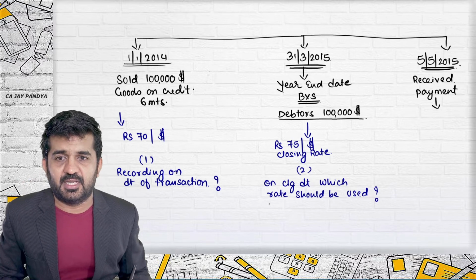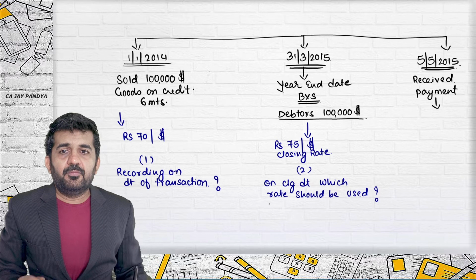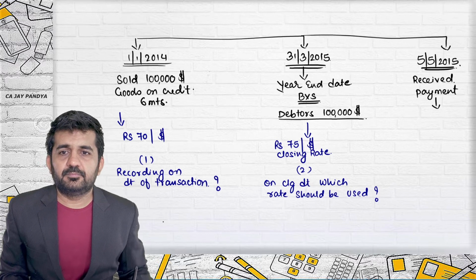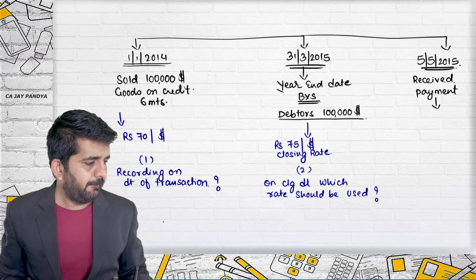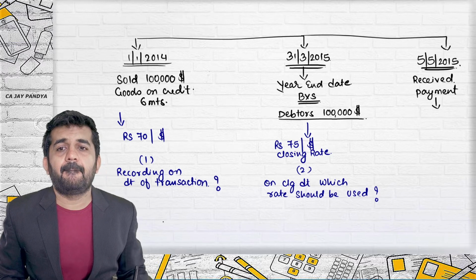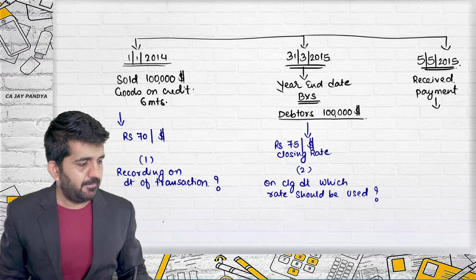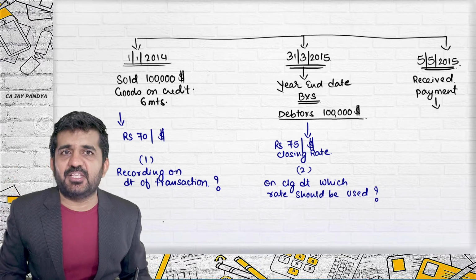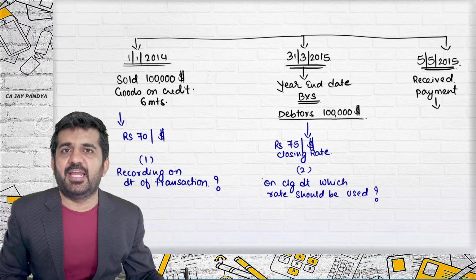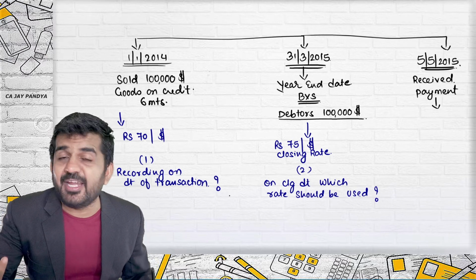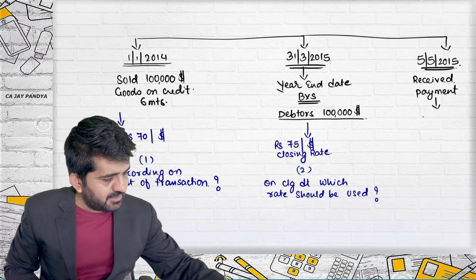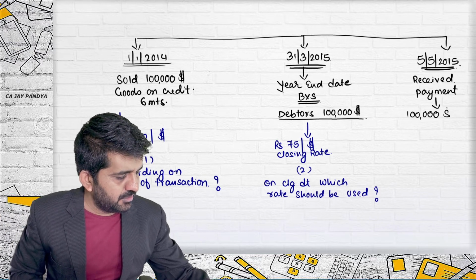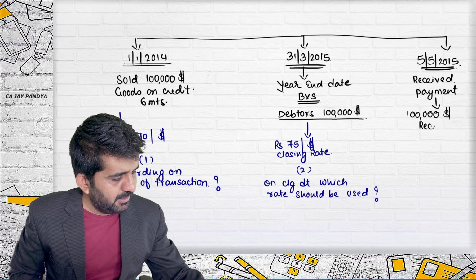Otherwise I'll ask. Drashti? $1 lakh. Exactly. It is neither 70 lakhs rupees, nor 75 lakhs rupees. This you might have recorded, but you will be receiving $1 lakh.